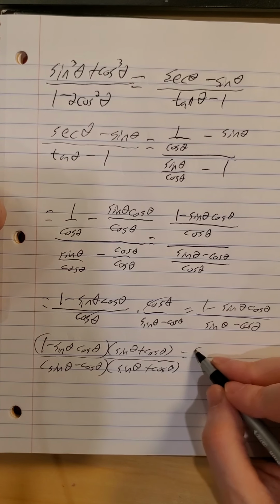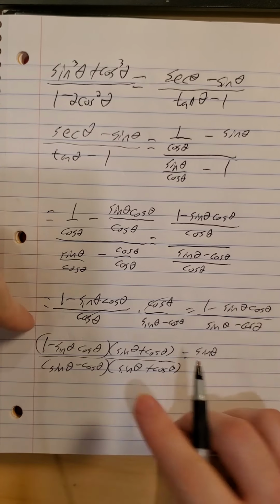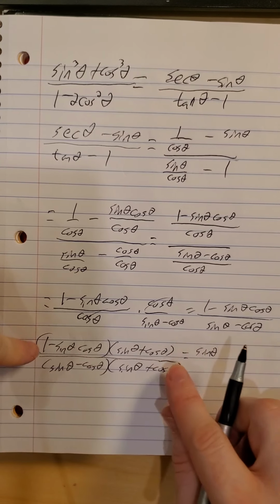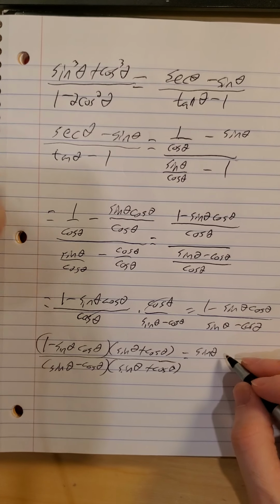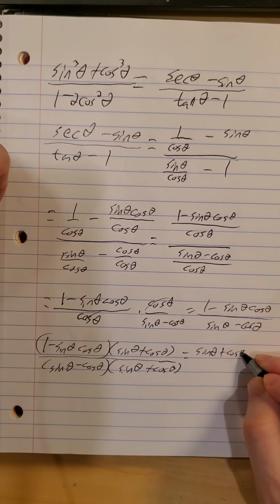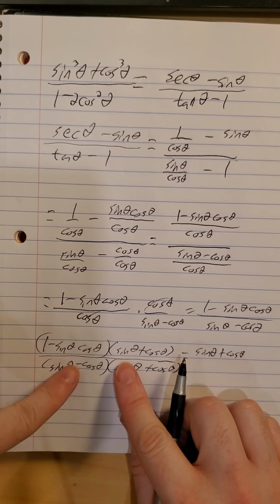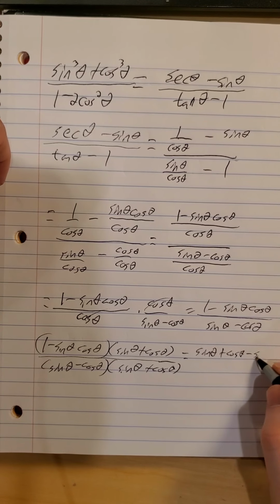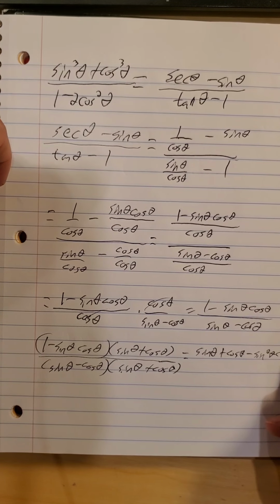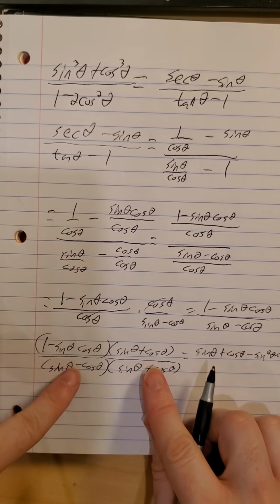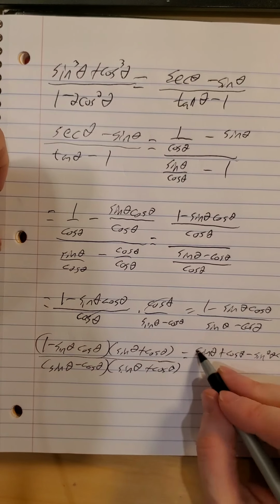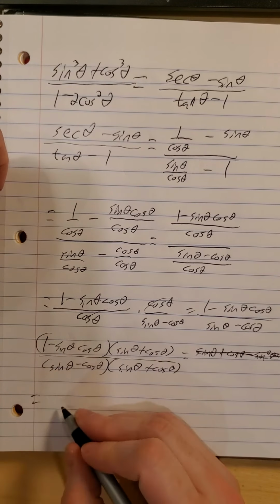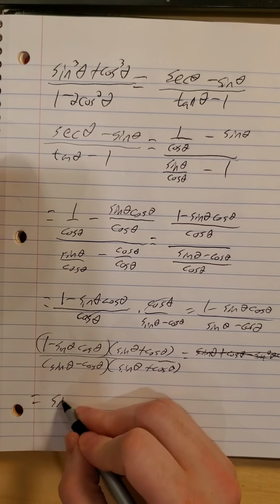Alright, so foiling it out, sine theta. First times the first, outside times outside, plus cosine theta. Inside times inside, minus sine squared theta cosine theta. And last times the last. I don't have enough room there. We'll go below. My apologies.